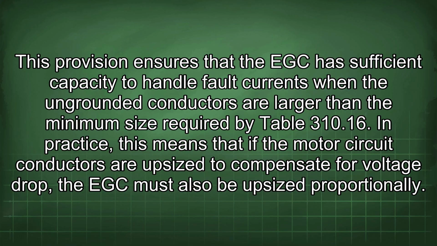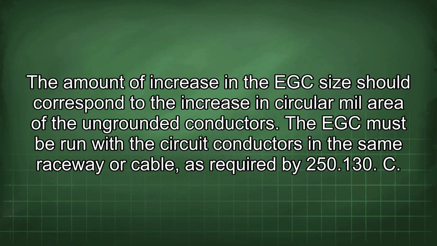In practice, this means that if the motor circuit conductors are upsized to compensate for voltage drop, the EGC must also be upsized proportionally. The amount of increase in the EGC size should correspond to the increase in circular mil area of the ungrounded conductors.